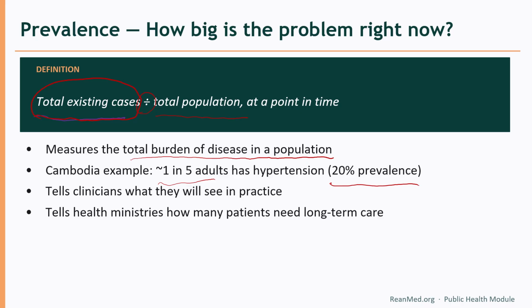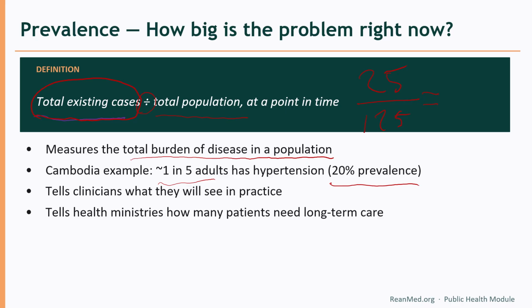How do we calculate that? Well, let's say that in one group of people, we had 25 adults who had hypertension out of 125 people. We have 125 adults show up to our screening, and then 25 of them had hypertension.